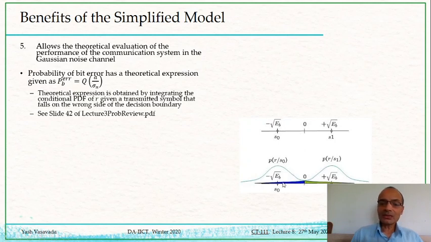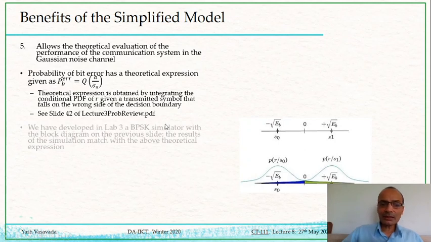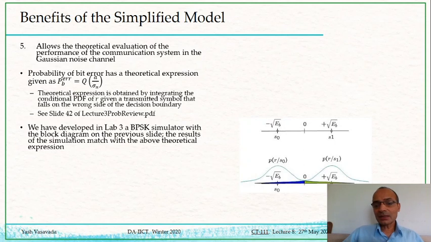And so, since the probability of error when bit 1 is transmitted is the same as the probability of error when bit 0 is transmitted, the average probability of error is the same as the individual probabilities of error, which is Q of A divided by sigma n. So again, a nice theoretical expression we can form for BPSK at least. I mean, this diagram is for BPSK.